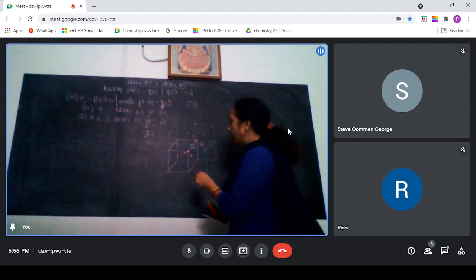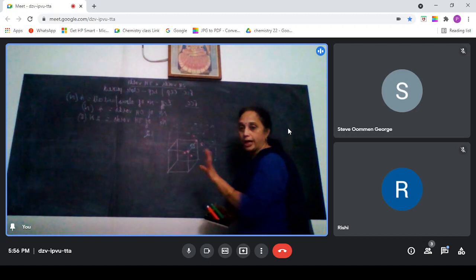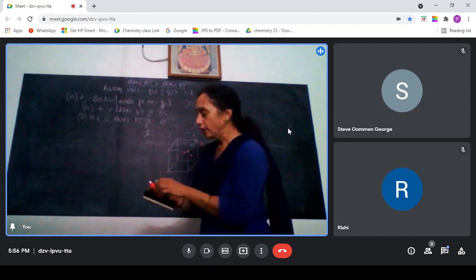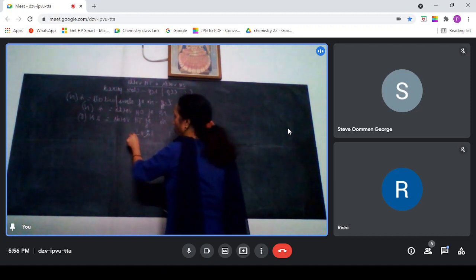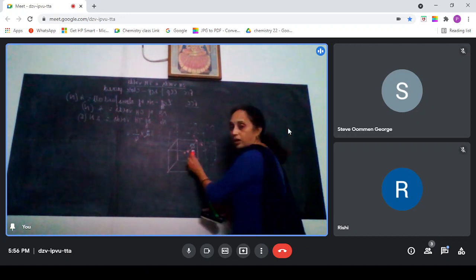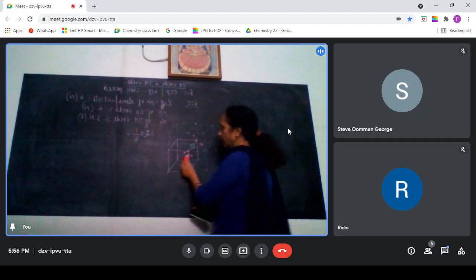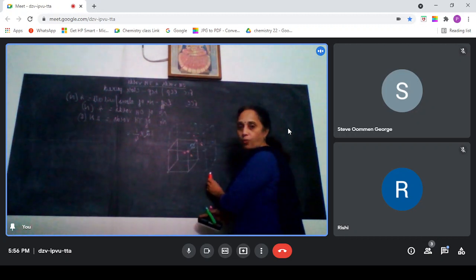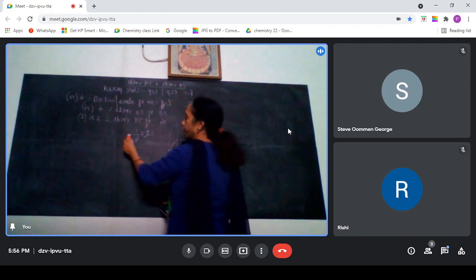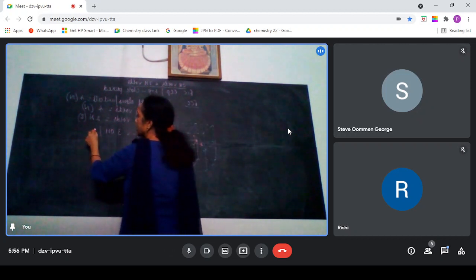And you know that each edge center particle is shared by 4 cells, so it donates 1/4 to one particular cell. So one octahedral void is shared by 4. So there are 12 octahedral voids, and into 1 by 4, that will be 3 octahedral voids per cell.